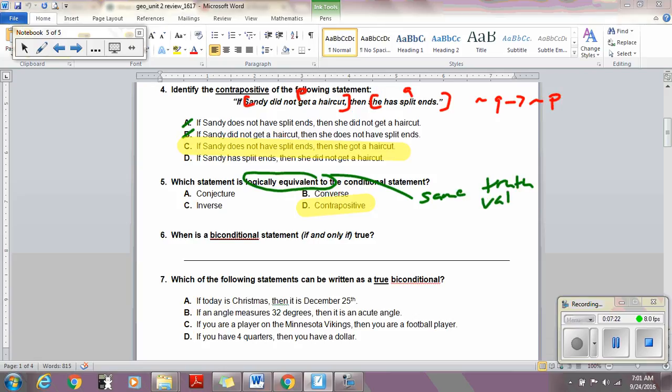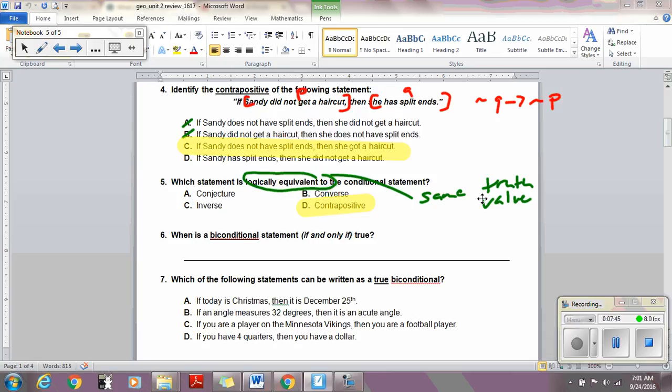So if one is false, the other one will be false. If one is true, the other one will be true. So again, the contrapositive and the conditional statement will always have the same truth value, so they will always be logically equivalent.